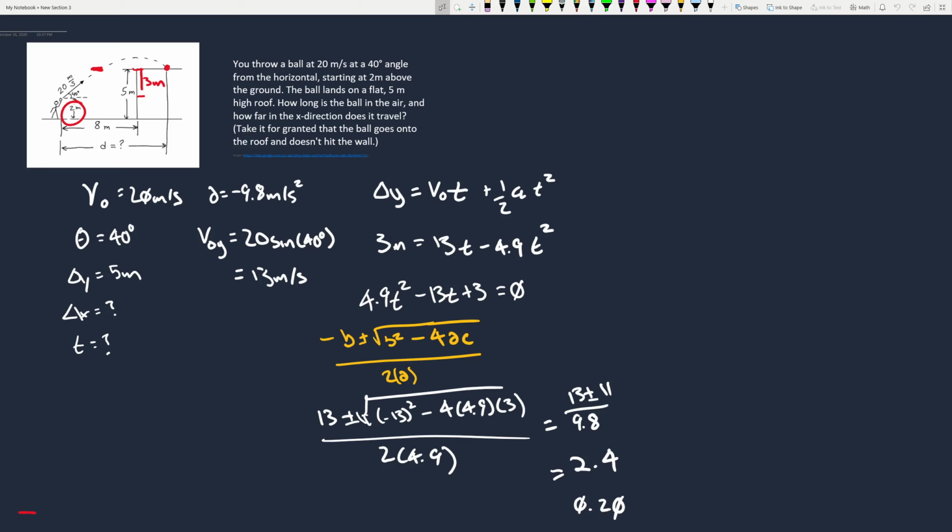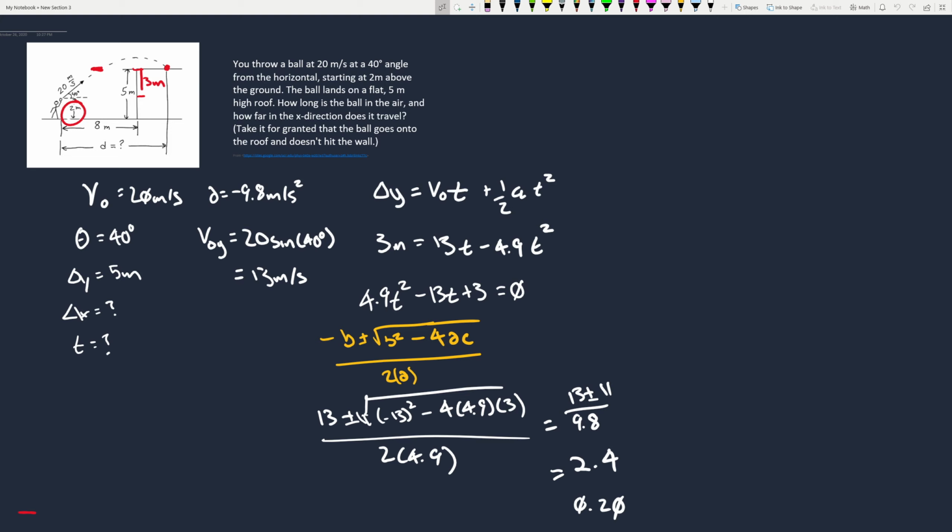And the reason why we get 2 answers is because as we're throwing the ball, we reach the height of the roof twice. We hit it once as the ball is moving up, and so that's going to be around 0.2 seconds from when we throw it from our hand. And then as it's coming down and it hits the roof, it's going to be 2.4 seconds. So that's why we get 2 answers.